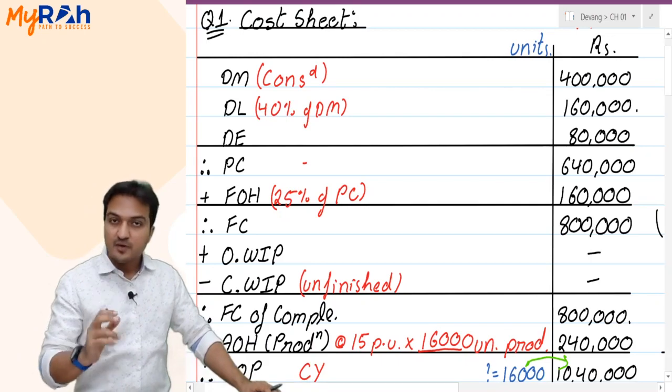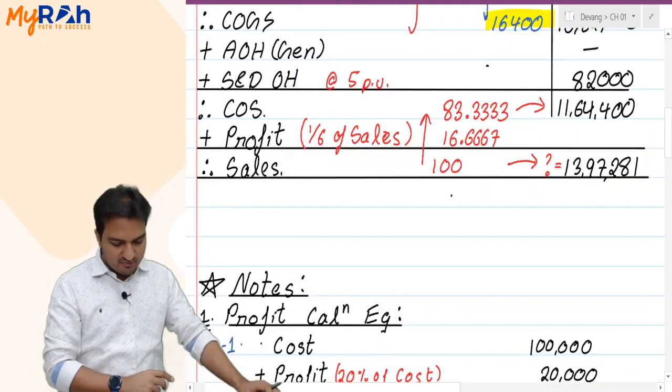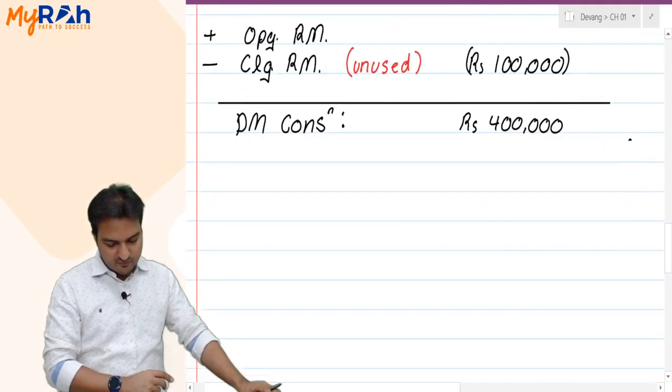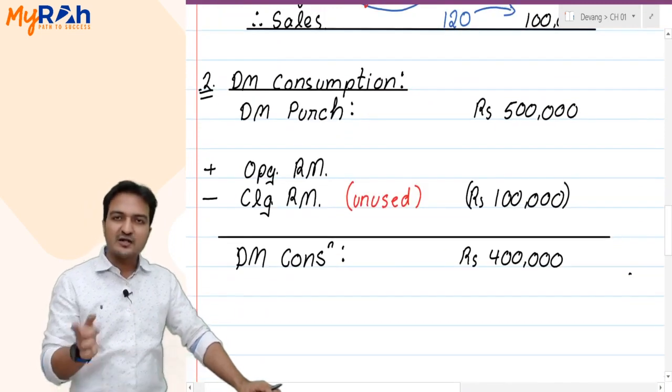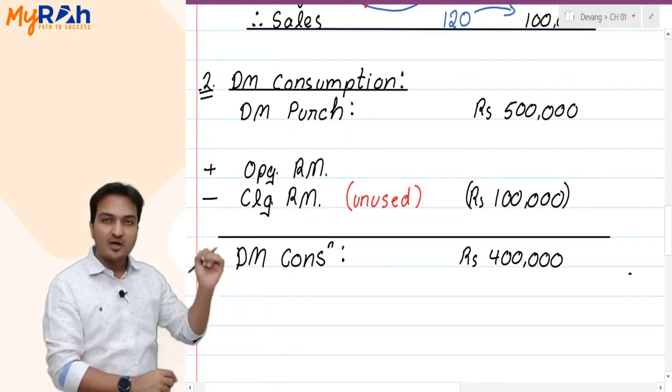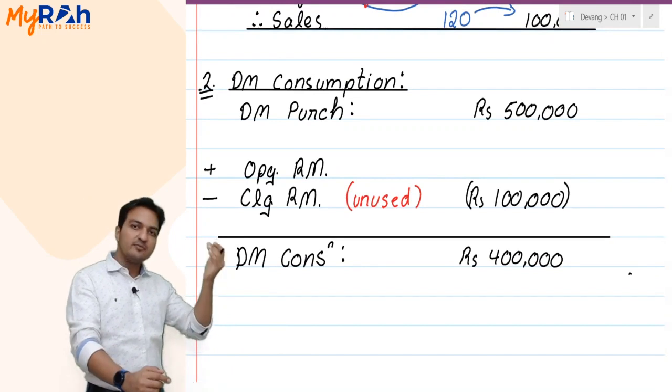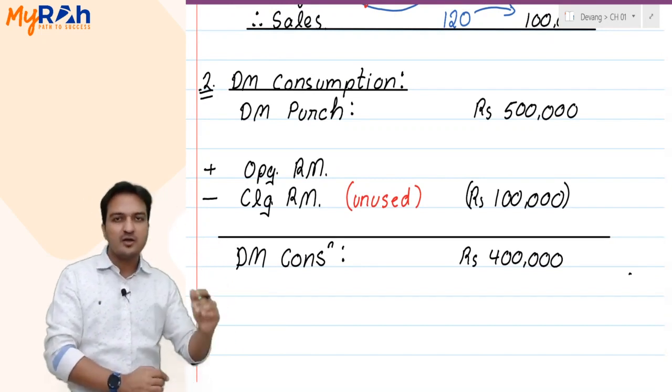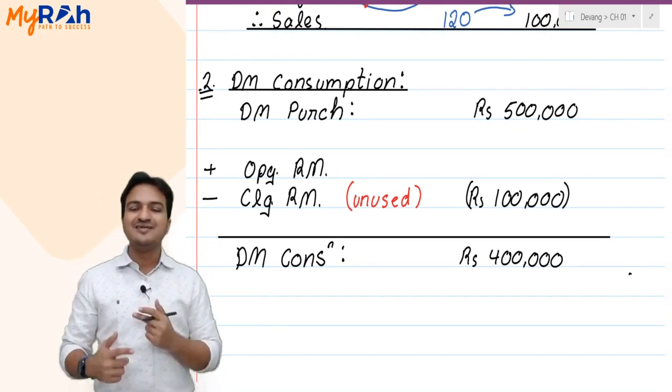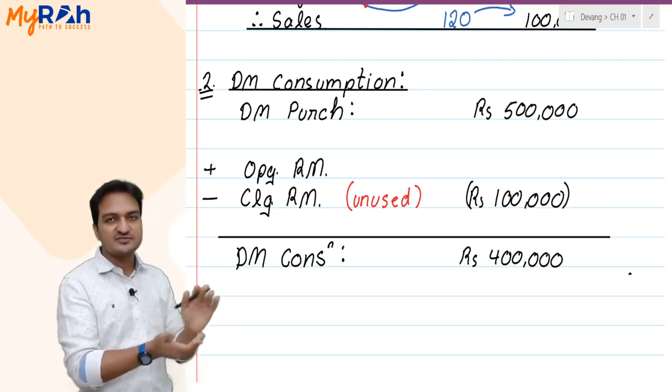Yes, this becomes my note number 2. For note number 2, you need to also know how to calculate that direct material consumption. I start from purchase, add opening raw material less closing raw material will give me consumption. This you might have already learnt somewhere in your account subject. This is just a repetition.